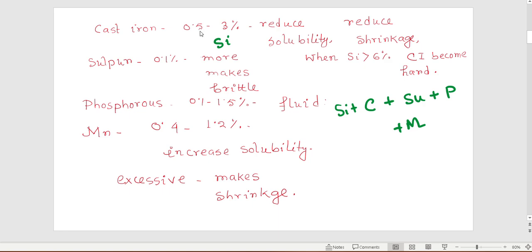The silica is 0.5 to 3%. It reduces solubility, increases viscosity and reduces shrinkage. More than 6% silica and cast iron becomes hard. The sulfur content is 0.1%. It is an undesirable matter.